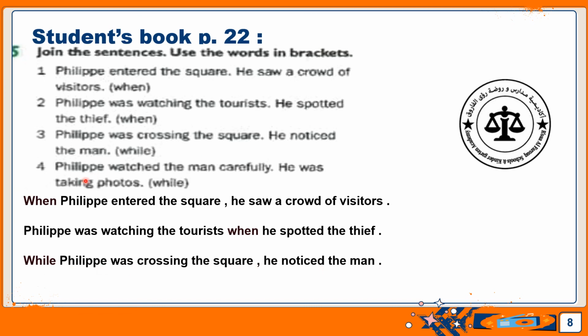Number 4. Philip watched the man carefully. He was taking photos. We have while. Where's the past continuous sentence? Yes, he was taking. So while comes in the middle, so we don't put a comma between the two sentences. Philip watched the man carefully while he was taking photos.